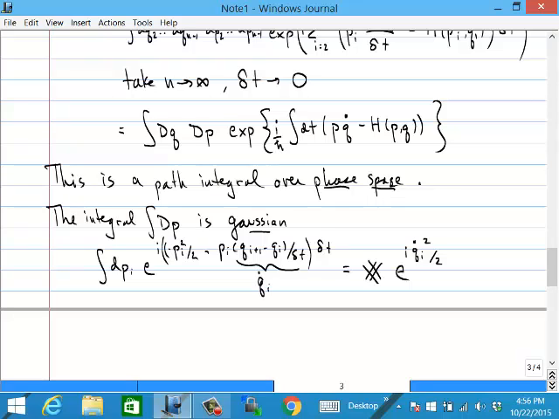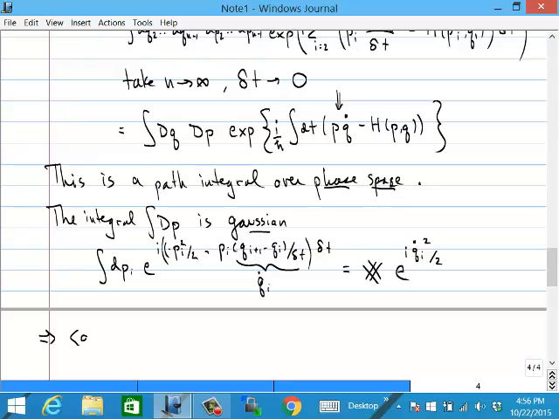So what does that mean? That means when you integrate out that dp stuff, this term here will turn into a q dot squared. So what have we done here? Well, we've just used the fact that pq dot minus h is the Lagrangian, and that p squared has become the usual kinetic term, q dot squared.